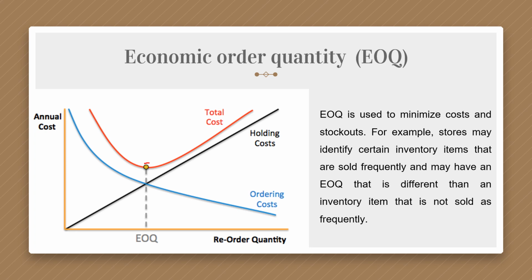In this case, it will be the point where the total cost is very low, and normally we identify this by finding the point that connects the ordering cost and holding cost.